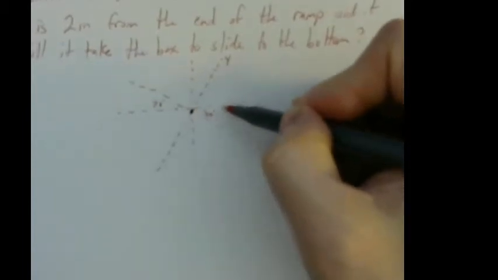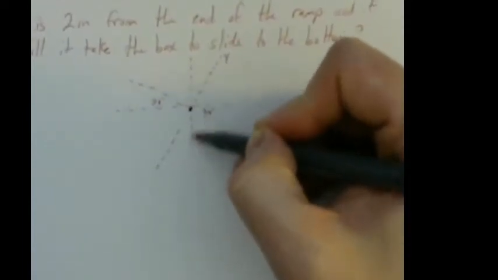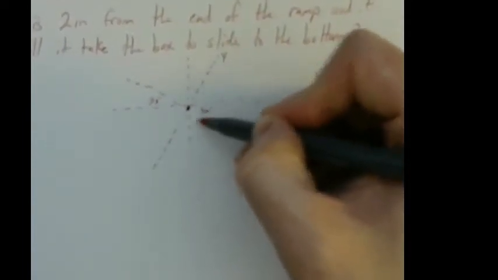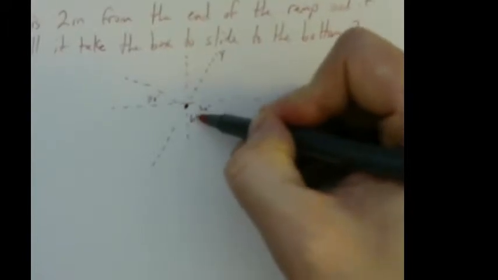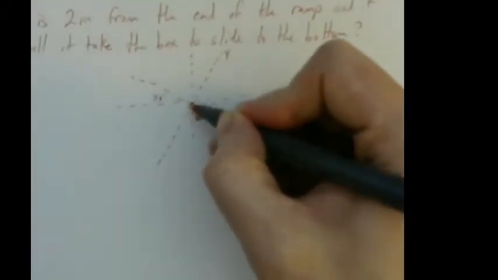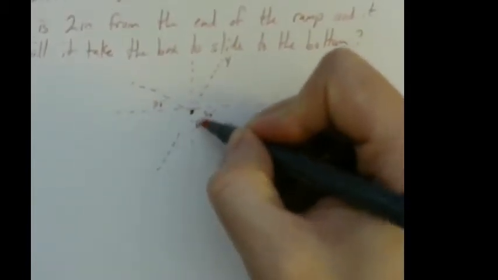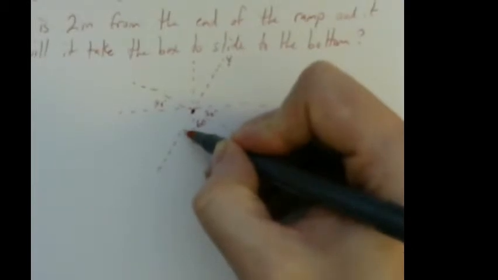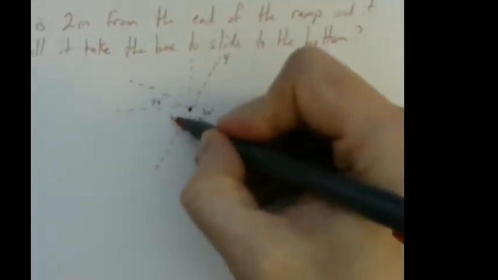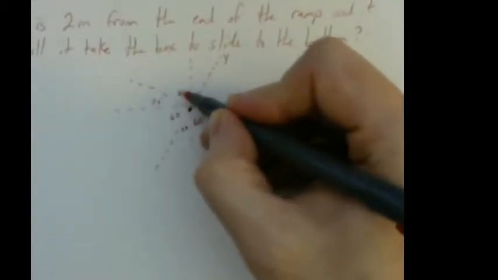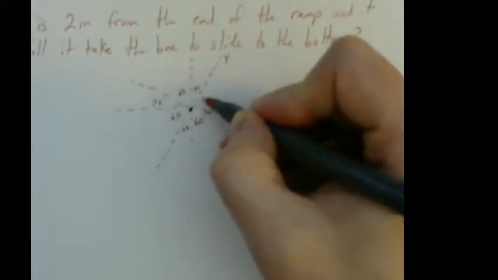Here's horizontal, here's vertical. That is 90 degrees, that's 30, so that must be 60. Our x-axis, there's our y-axis. Another 90 degrees, that's 60. The angles must be 30, 60, 30, all the way around. So we know all of these angles that we need.